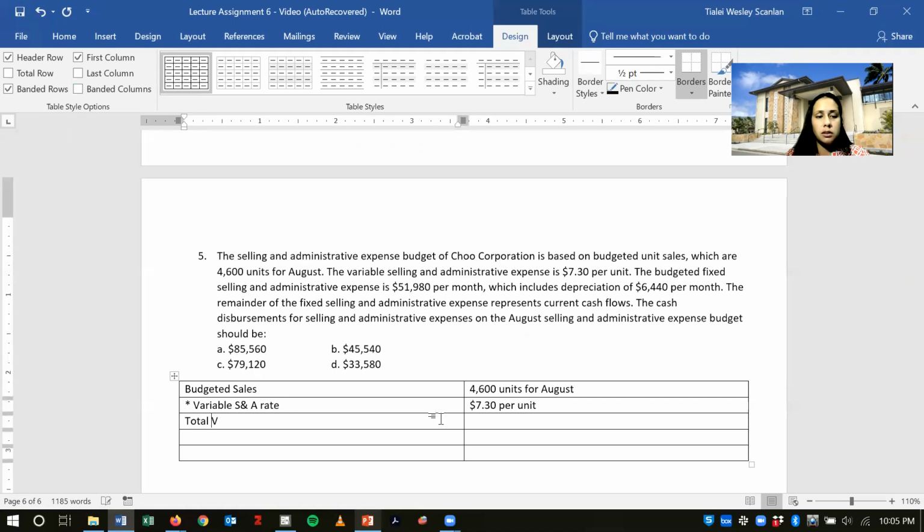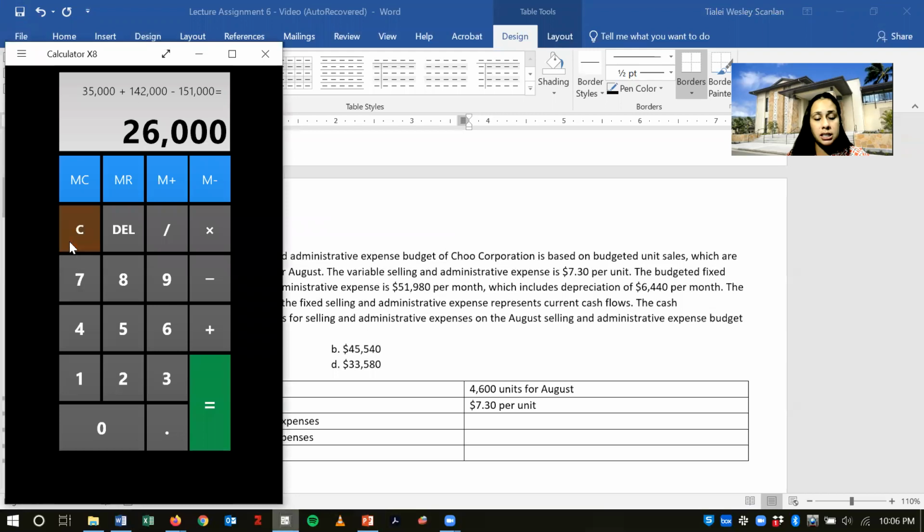And this will be total variable selling and administrative. And we'll add our total fixed, and that will give us total. I feel like a lot of the time it's just getting the format of your budget, and you will have access to your textbook and you can look at the format for your exam.